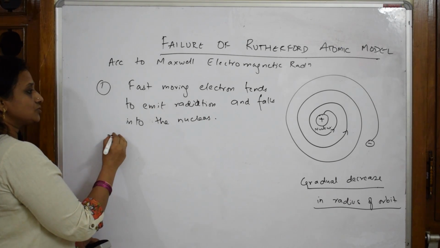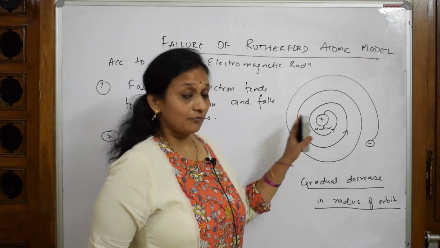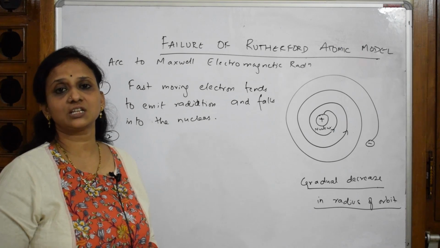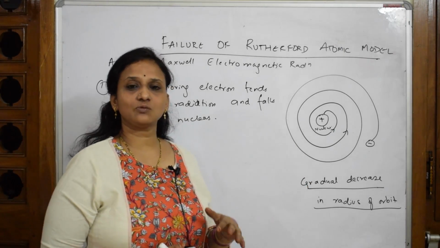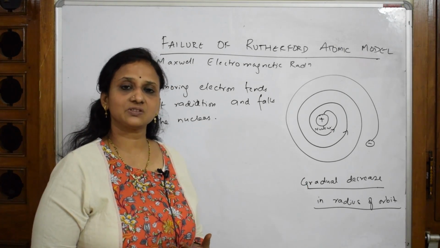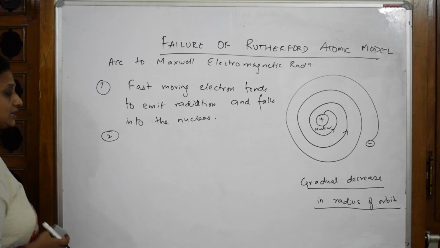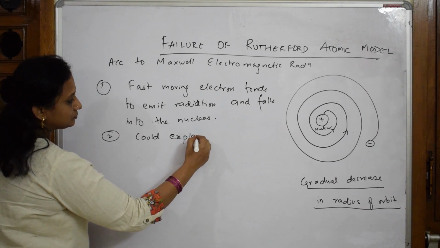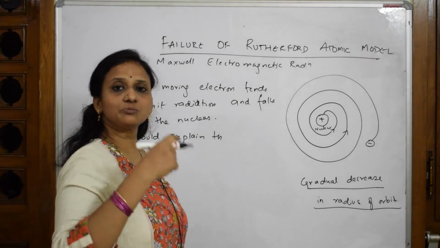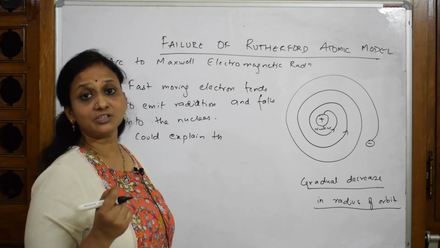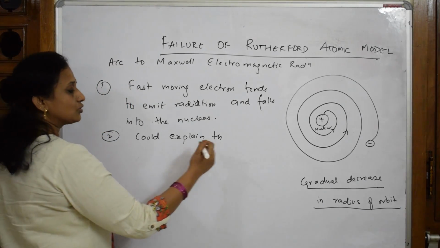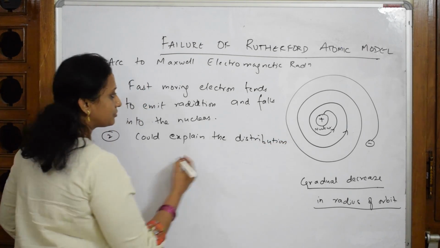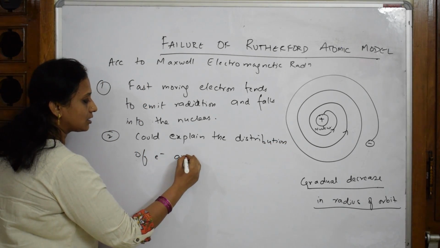Yes. So the next important thing: Rutherford could not explain the distribution of electrons in the atom. He could not specifically say what energy levels or orbits are present. He could not name them. That was the main failure. He just said electrons are moving around the nucleus, but nothing specific about the distribution. So let us write that as a failure: could not explain the distribution of electrons around the nucleus.